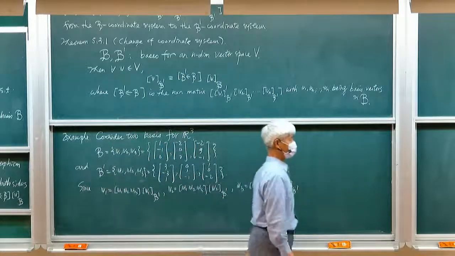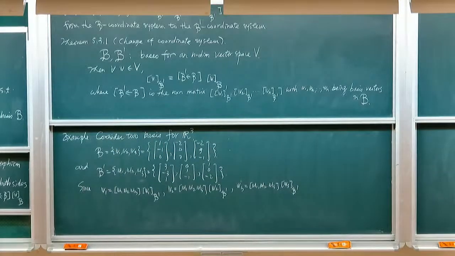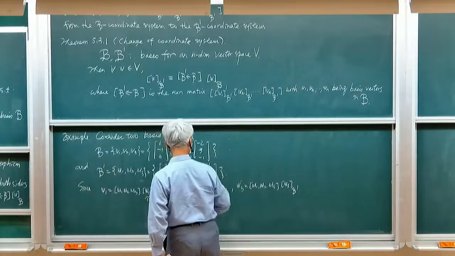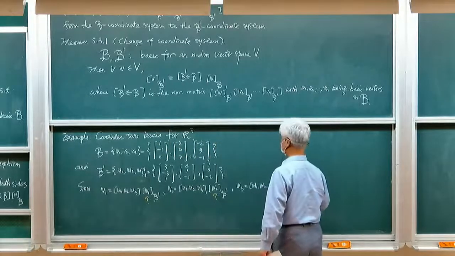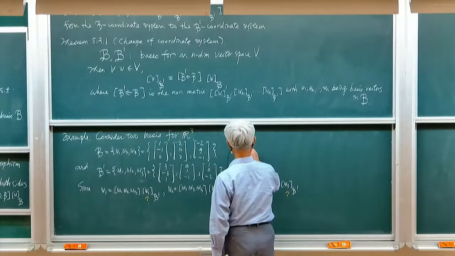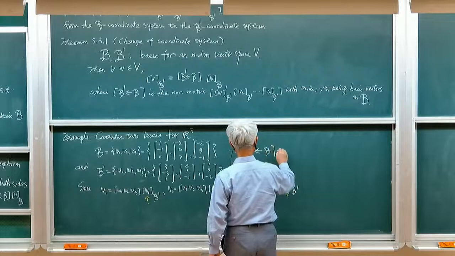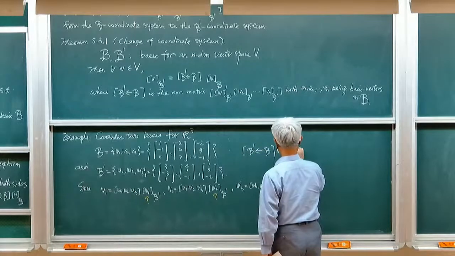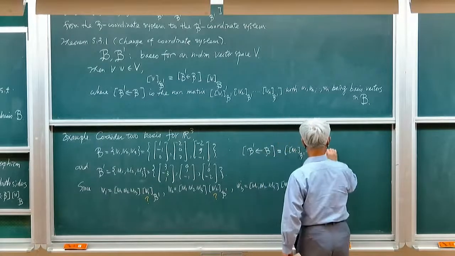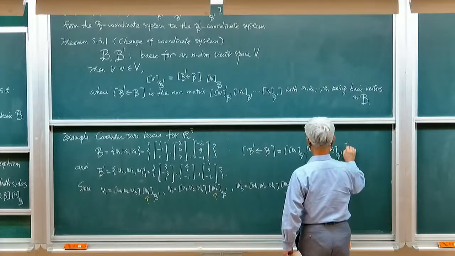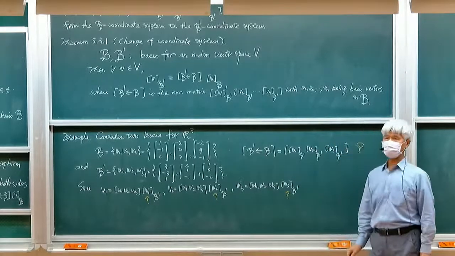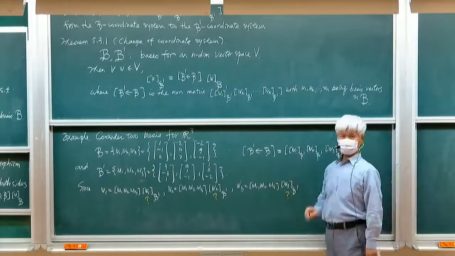The reason why I use the matrix form is because we don't know these, and we want to compute them. What we want is to find this transition matrix.